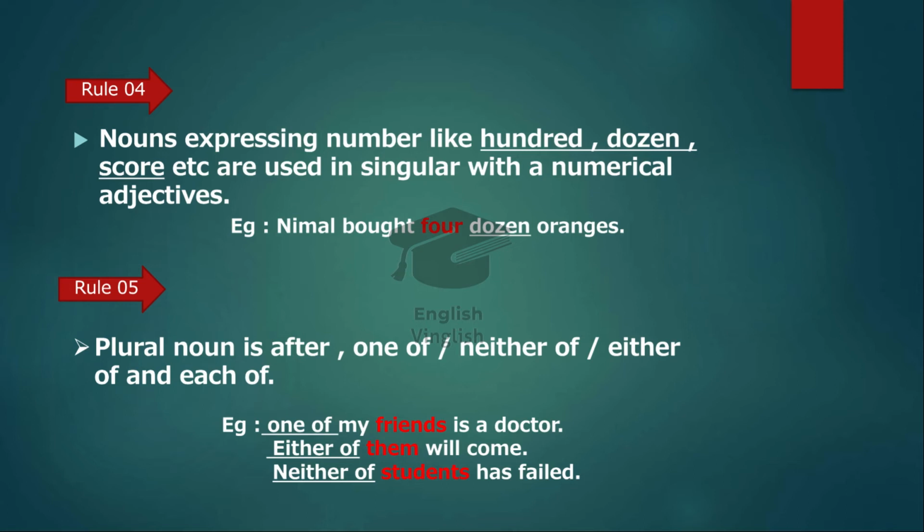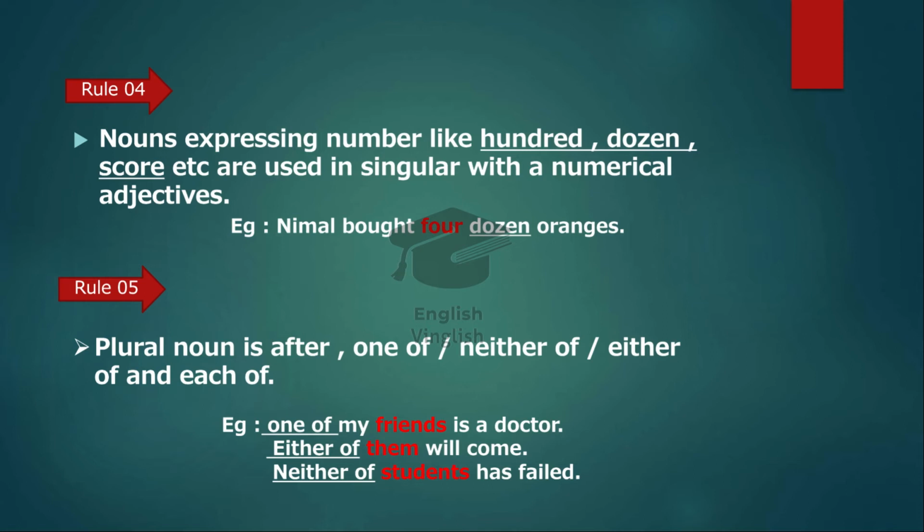For example, one of my friends is a doctor. No need to change the be verb. The be verb is always in singular, but we have to change the noun to plural form. One of my friend, we cannot say like that. We have to make the word friend plural, friends.